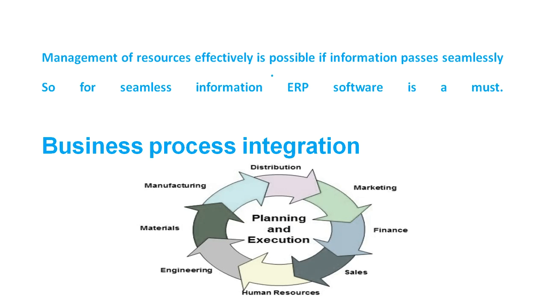Why do these things happen in this case? Because different locations were using different software, and information extracted from the different software at different locations had to be sent to the central location and then consolidated. But ERP software is a single software where all the business processes are integrated.